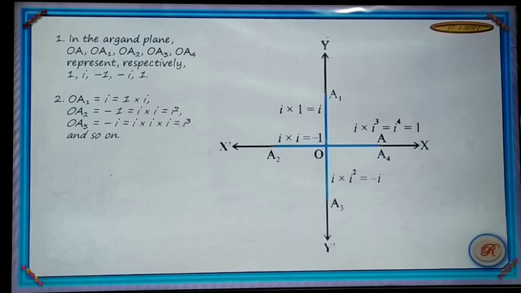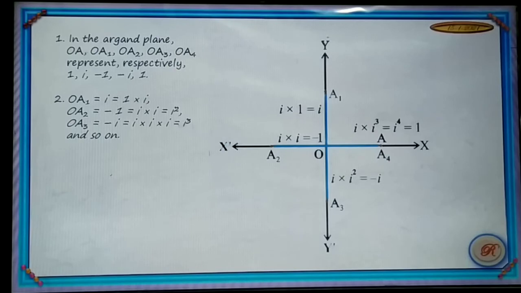OA2 is equal to minus 1 is equal to i into i is equal to i square. OA3 is equal to minus i is equal to i into i into i is equal to i cube and so on.